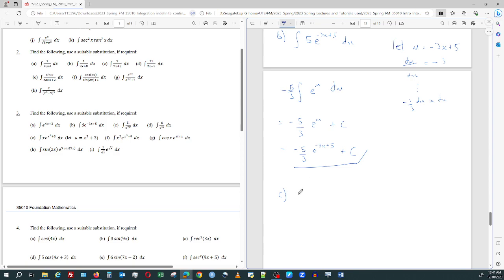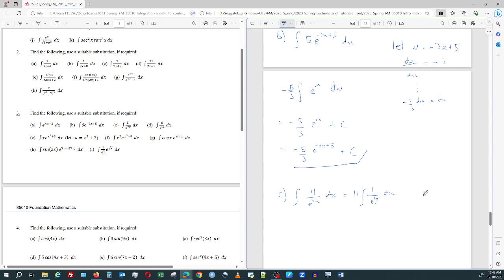Okay, so this integral here, I might do a bit of pre-work on here, because I'm going to recognise differentials around. So a bit of pre-work will be, I'm just going to bring the 11 out the front, and we'll have e to the 7x dx.